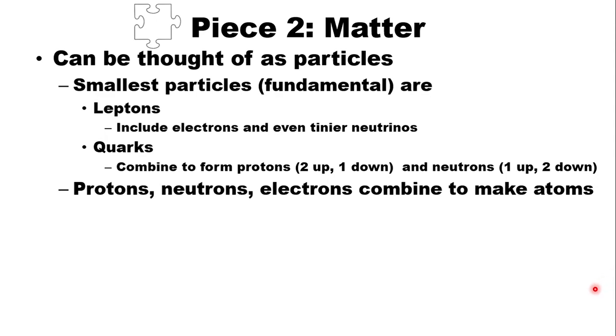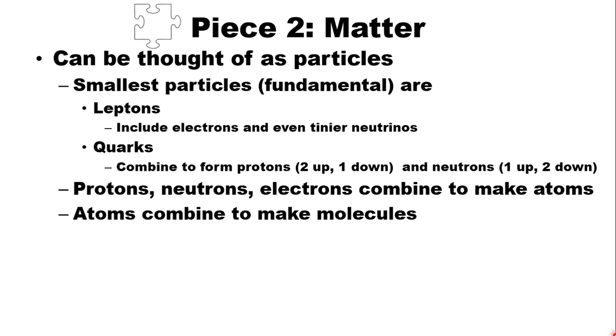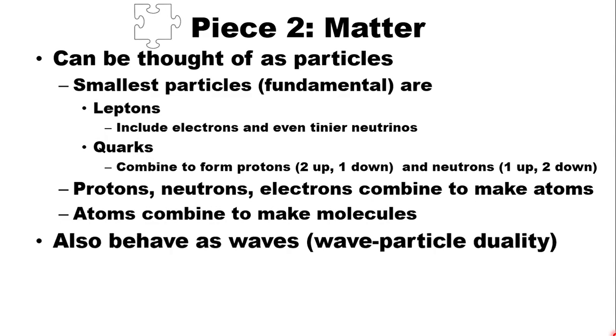Protons, neutrons, and electrons then, as you know, combine to make atoms with the protons and neutrons in the nucleus. So we can actually call these 2 particles together nucleons because they make up the nucleus, and the electrons zipping around in the energy levels. Atoms then bond to each other to make up molecules, and that's what builds up all of nature around us.